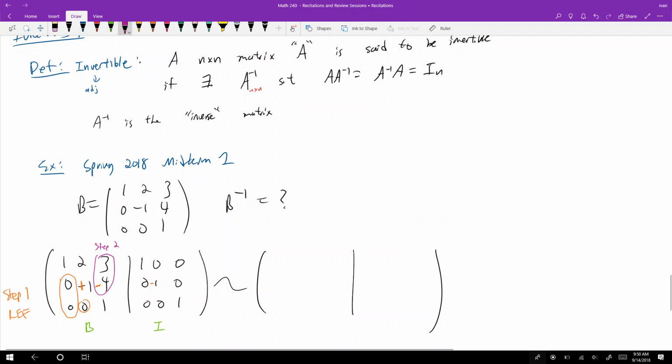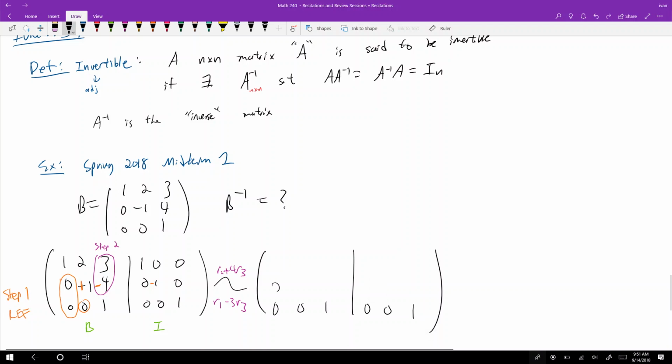Row 2 minus 4 row 3, or no, it's not minus, it's plus 4 row 3. And then I want row 1 minus 3 row 3. So row 3 stays itself.